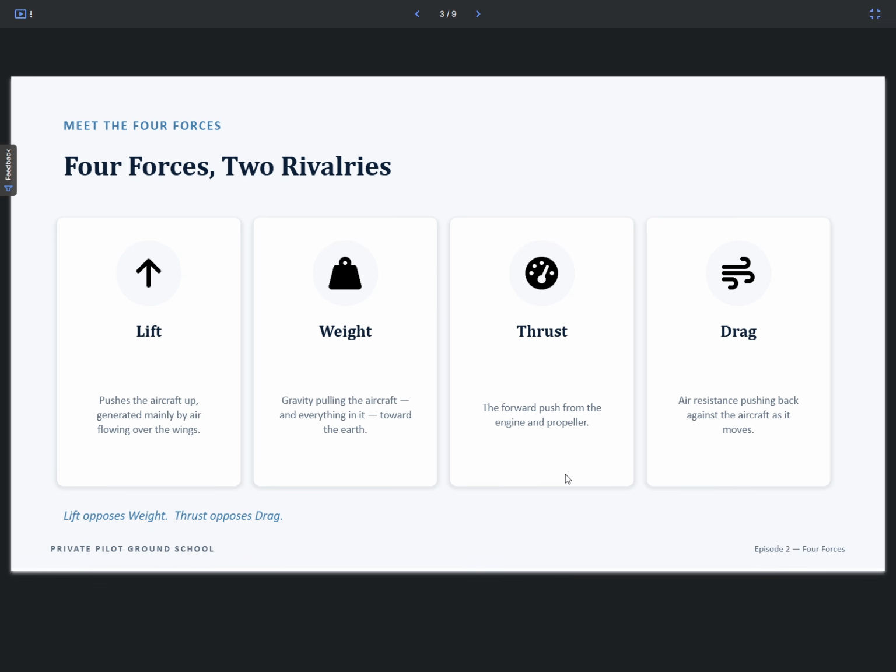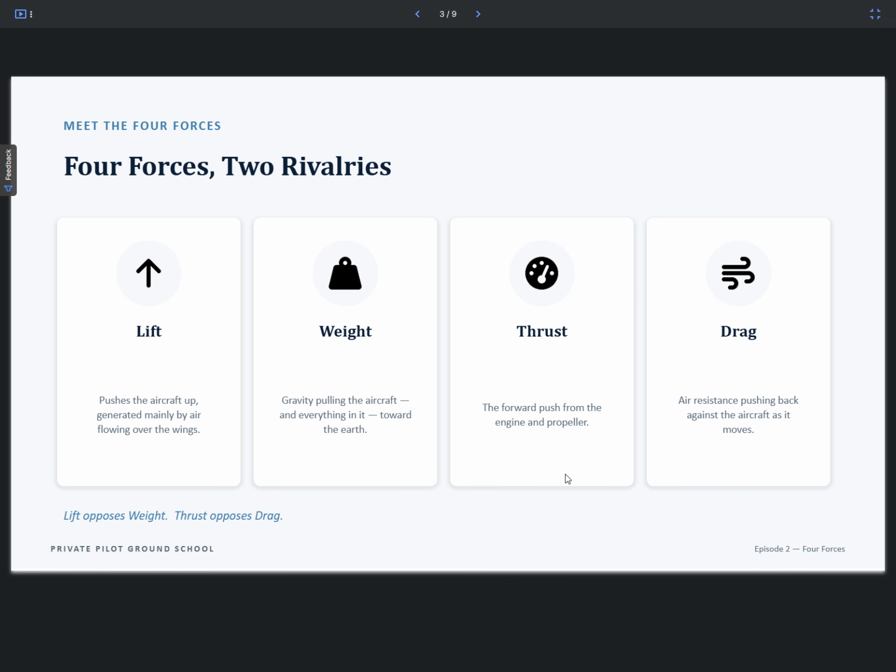Because of the wing's shape and the way it directs the airflow, the pressure above the wing becomes lower than the pressure below it. At the same time, the wings also push air downward. In response, the air pushes the airplane upward, and that is what creates lift. Okay?